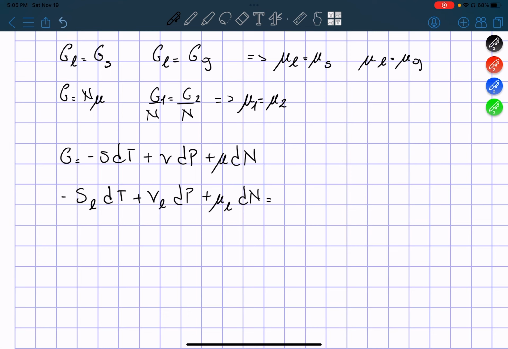We can also do a solid, it doesn't matter. So it's equal to negative entropy of a gas times dT plus the volume of a gas times dP plus chemical potential of a gas times dN.